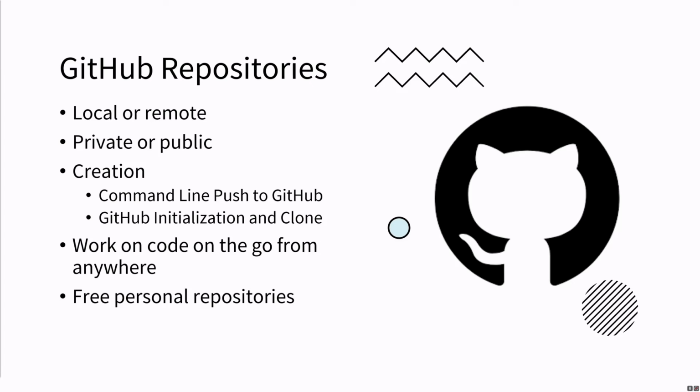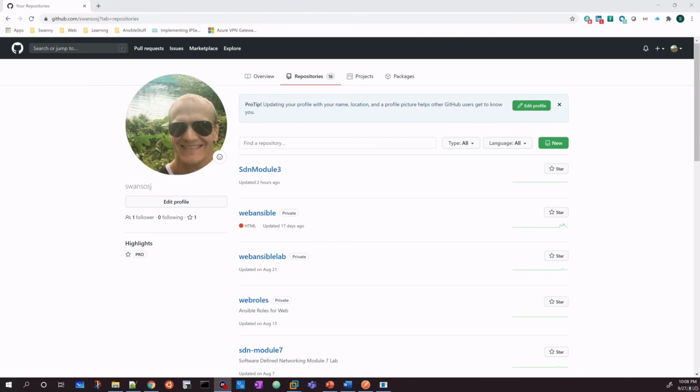Creating personal repositories on GitHub is free. It does not cost any money. All you have to do is create an account. You can use GitHub online to create a free account and host your own repositories, and I'm going to teach you real quick how to create a GitHub repository.